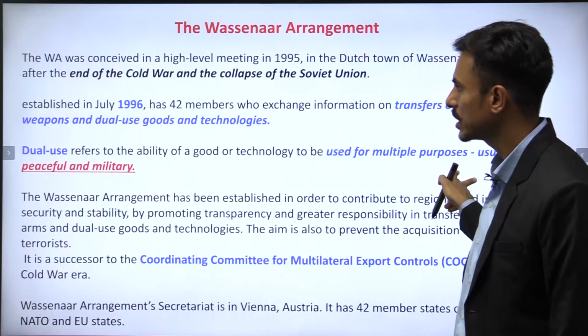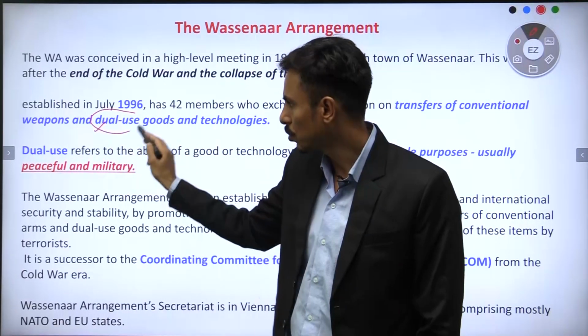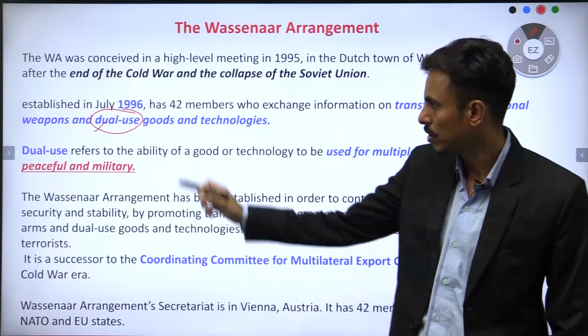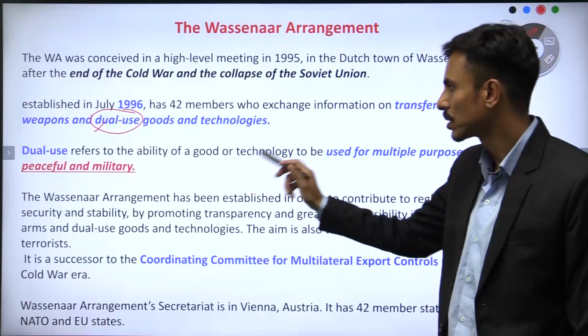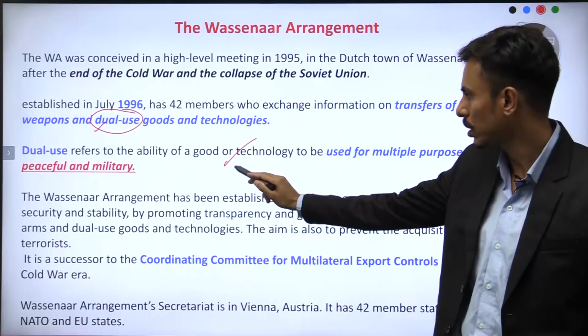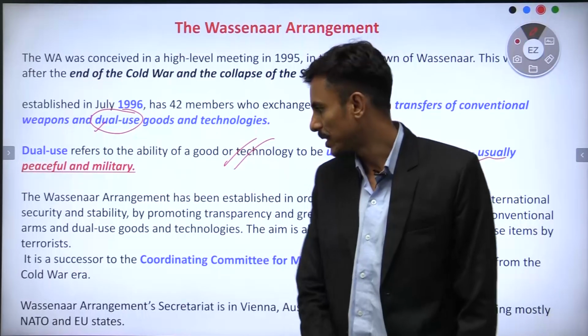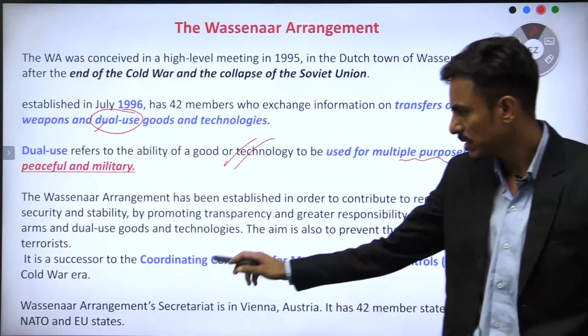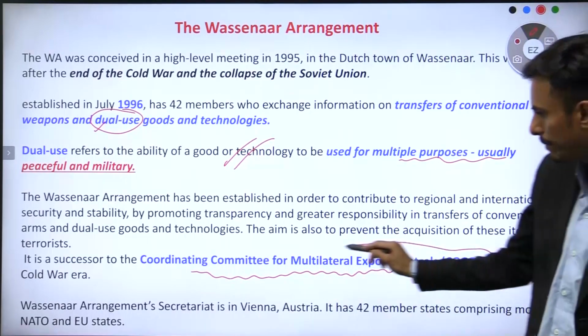Conventional weapons means missile technologies, and dual use goods and technology. Dual use means those technologies which can be used for peaceful as well as military purposes, right? So dual use refers to the ability of a good or technology to be used for multiple purposes, usually peaceful and military, right? It is a successor to the Coordinating Committee for Multilateral Export Controls, COCOM.